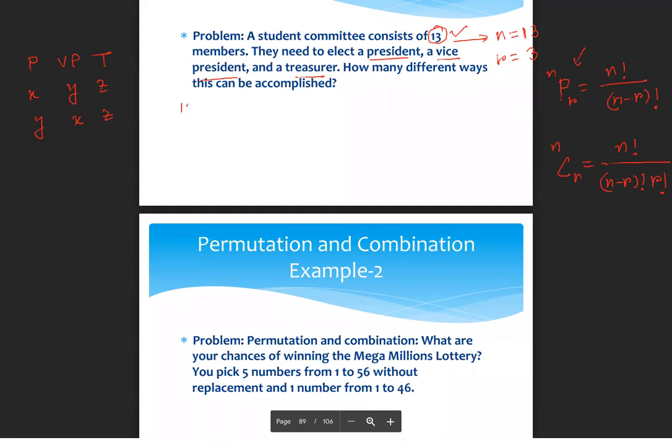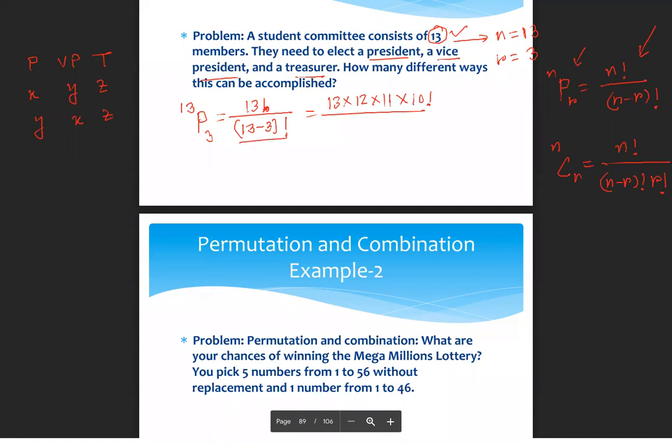So our permutation is for 3 people from a group of 13, which is equal to 13 factorial divided by 13 minus 3 factorial. I'm just using this formula straightforward. My n is 13, my r is 3. So 13 factorial, I can write as 13 times 12 times 11 times 10 factorial.